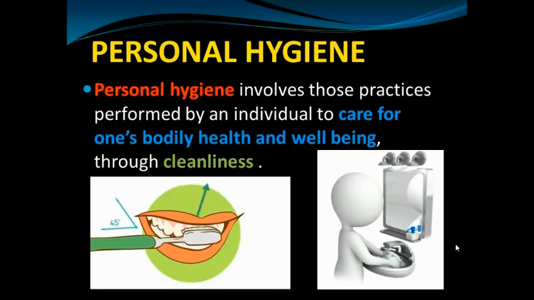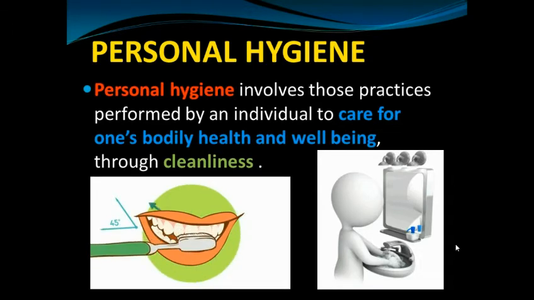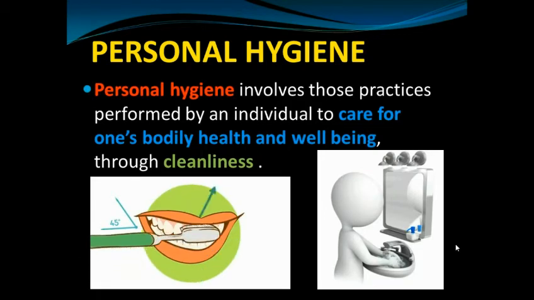It also includes the attention to keep our surfaces in the home and workplace, including bathroom facilities, clean and pathogen free. So what is personal hygiene? It involves practices performed by an individual in order to take care of one's bodily health and well-being, okay?